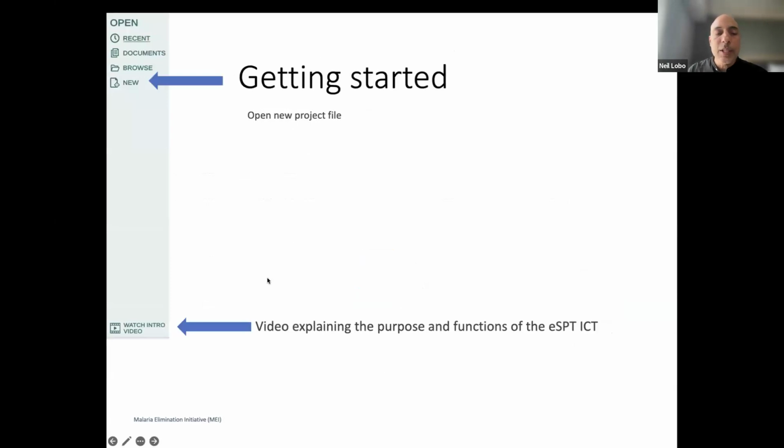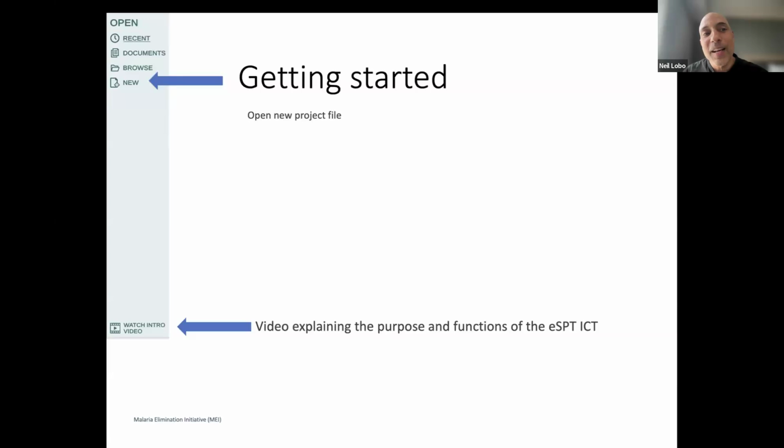So when you start, I'm just going to go through a PowerPoint version of this, and then we'll go through the actual file. So this is a screenshot of what we actually see. We start and we can go through a new file over here. You can see recent documents that you made, or recent entomological surveillance plans that you made, or you can save them on your desktop as ESPT files.